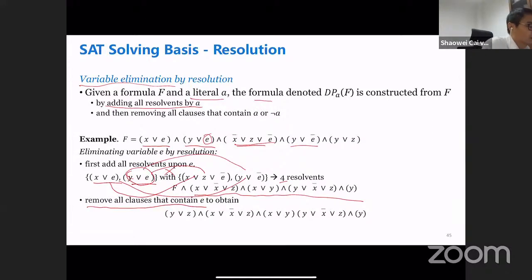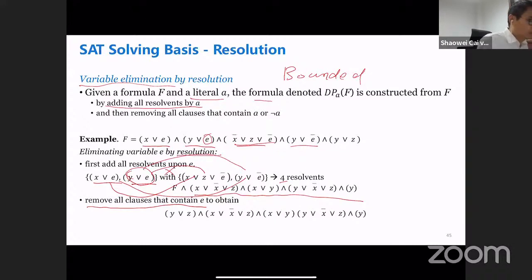So we just remove one variable from the formula because all its effect has been captured by resolution. In real processes, this is usually used as bounded variable elimination, because we do not necessarily simplify the formula by doing this resolution.